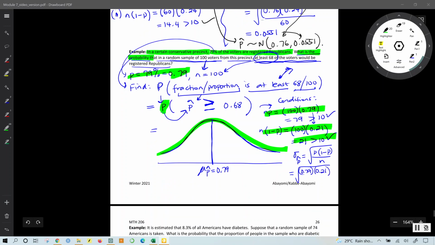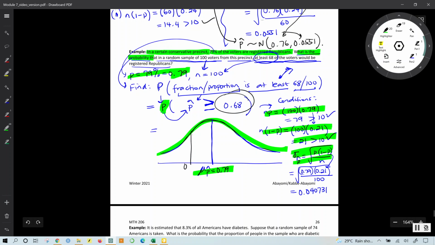Note that the 0.21 comes from 1 minus 0.79, divided by n, which is 100. And that will be equal to 0.040731.